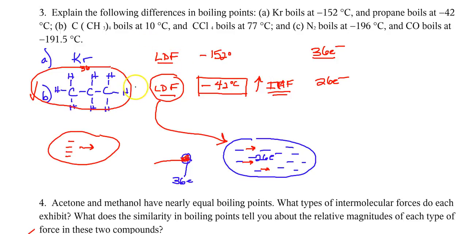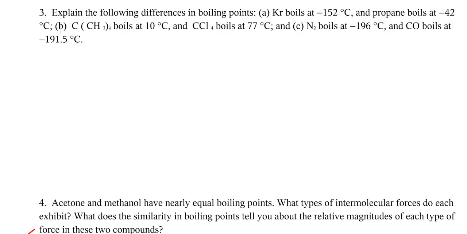Let's go after choice B now, or the question B. All right, so in B, what we have is CH3 boils. That looks like this, carbon in the middle, bonded to a methyl group. Again, these structures would be given to you.